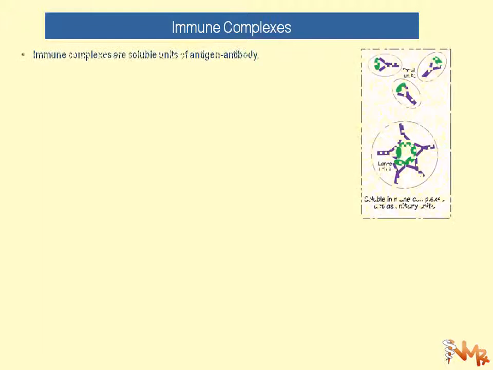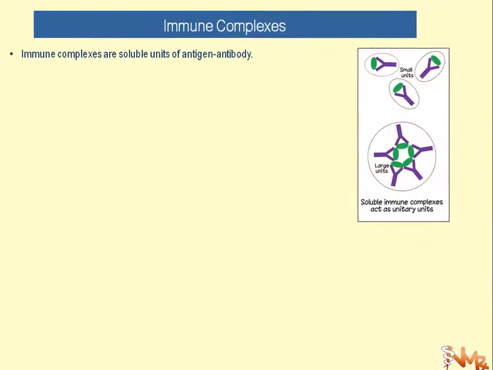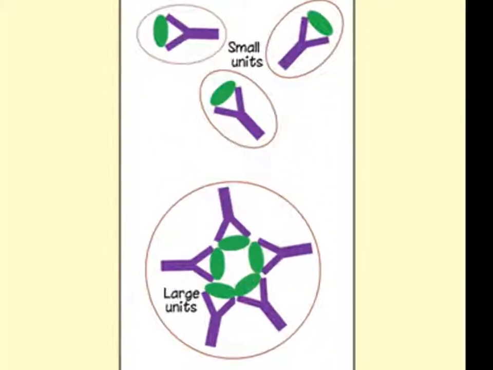Let's talk a little about immune complexes. We already said that these are involved in the pathogenesis of the type 3 hypersensitivity reactions. Immune complexes are soluble units of antigen-antibody, so they act as a soluble unit as a whole. The antibodies are usually IgG, but they may also be IgM.